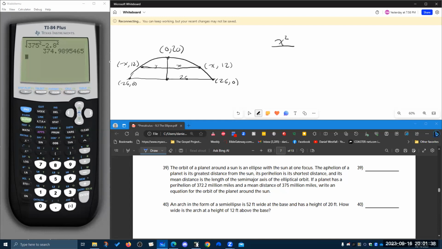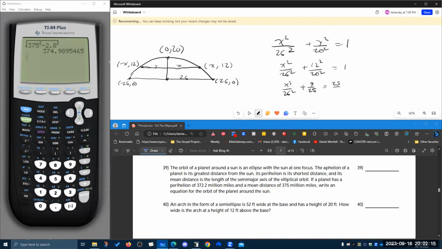So let's go ahead and solve for x here. X squared over 26 squared plus y squared over 20 squared is equal to 1. And we know that we're looking for y being 12. And then this is going to be simplified to 3/5 squared is going to be 9/25.